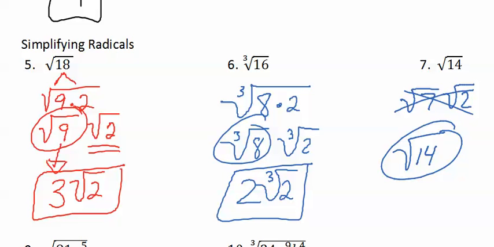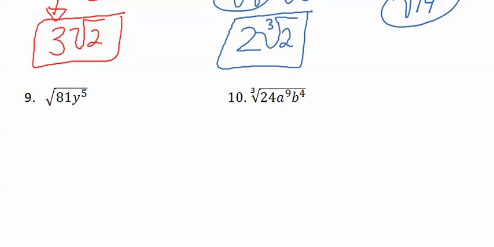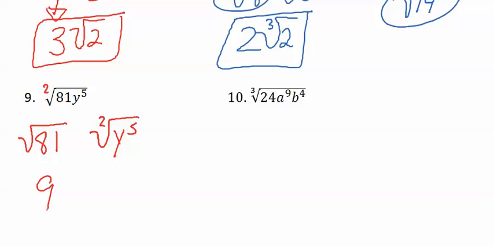I'm actually going to skip number 8 and we're going to go to number 9. This is a little bit different with the variable. So our index is 2, and I can split that to be the square root of 81 and then the square root of y to the 5th. Now, square root of 81 is 9. That works out nicely for us. Now, with the square root of y to the 5th, we know there's 1, 2, 3, 4, 5, and the index is 2.